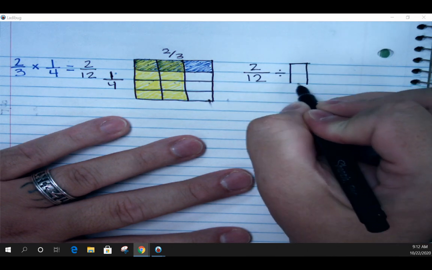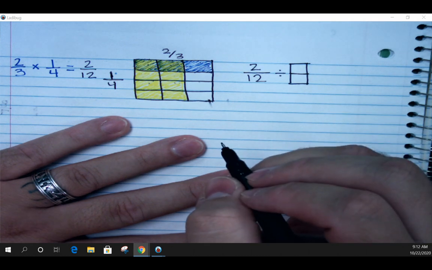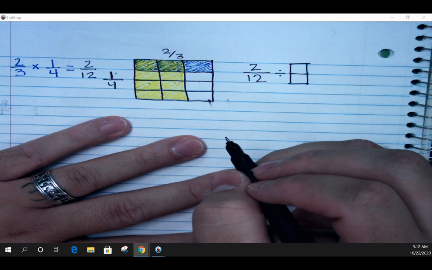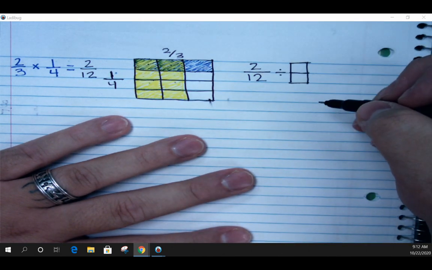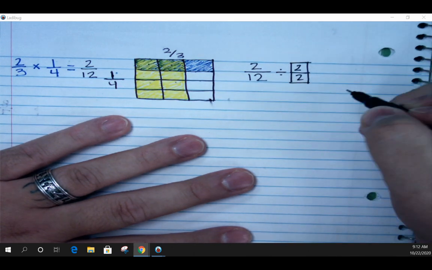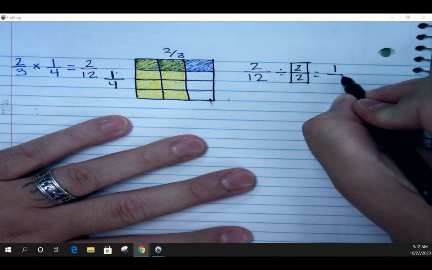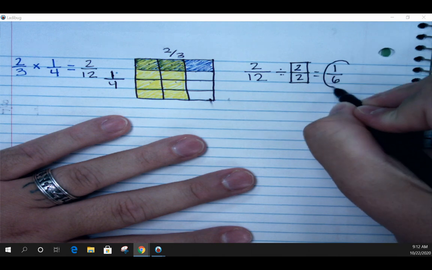Okay. And I divide by a form of 1. And didn't we just talk about what forms of 1 are? So what will go into 2 and 12? 2 will. 2 divided by 2 is 1, 12 divided by 2 is 6. 1/6.